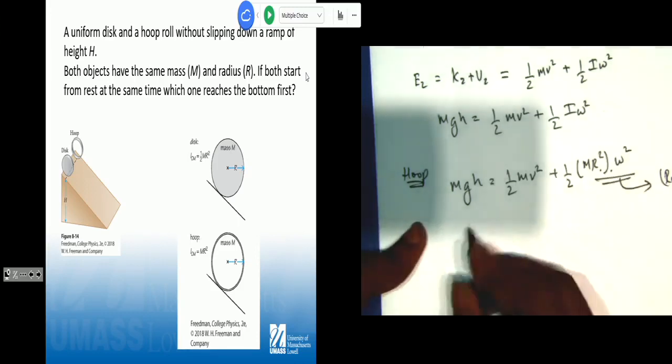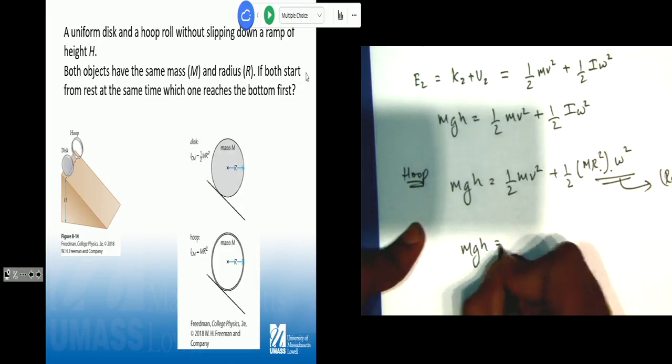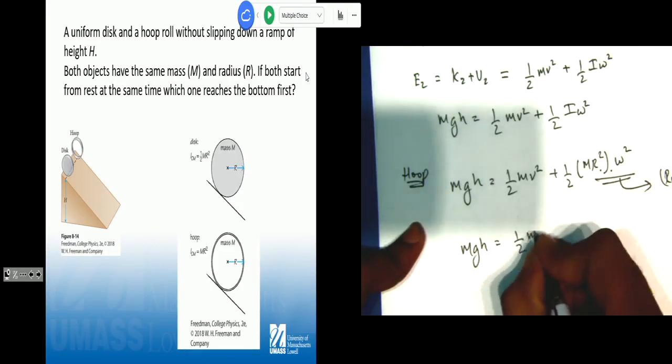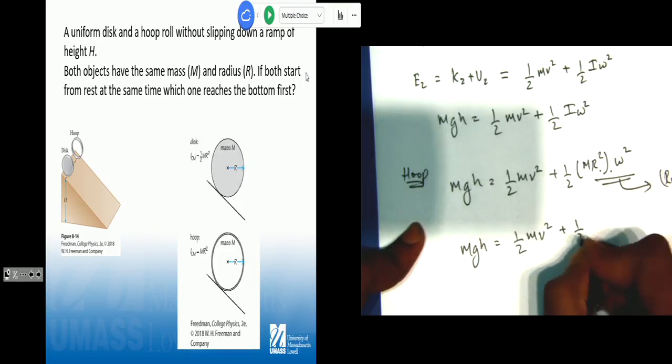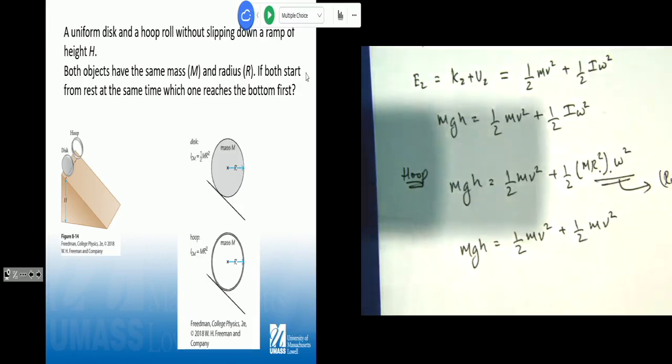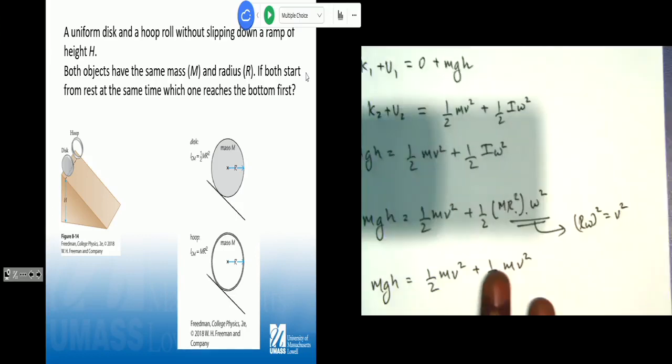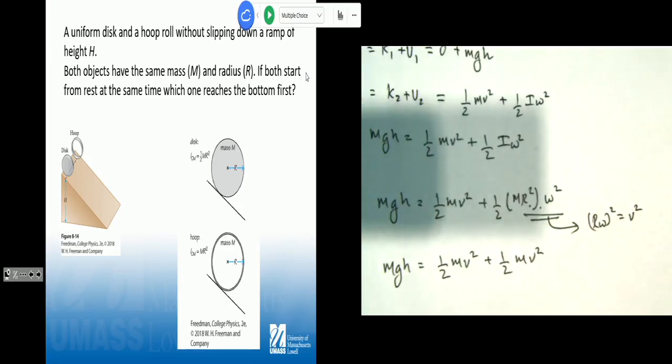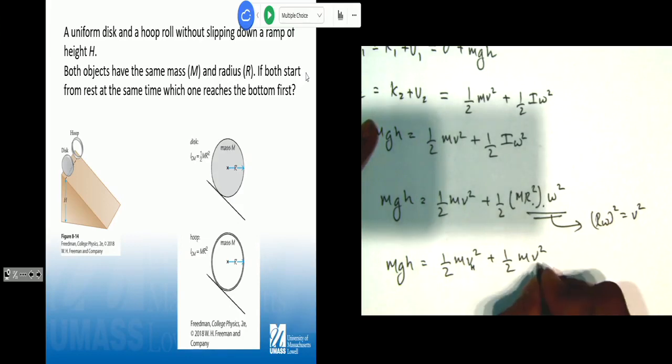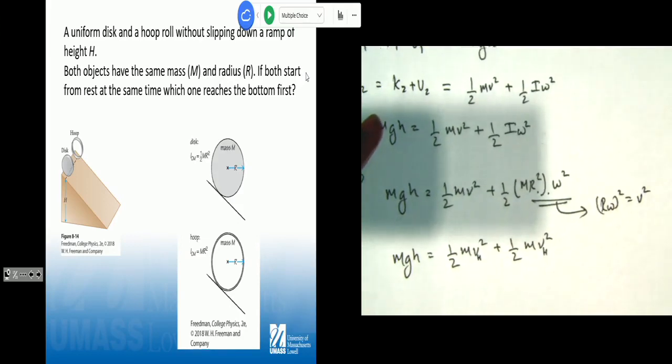Okay, now this becomes mgh is 1/2 mv squared plus 1/2 mv squared. Everyone with me so far? So this becomes, and this is now v of the hoop, because we've been discussing the hoop. So mgh is equal to m vh squared.